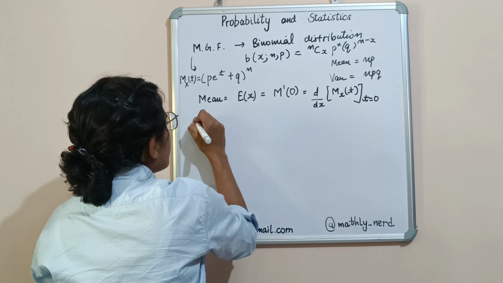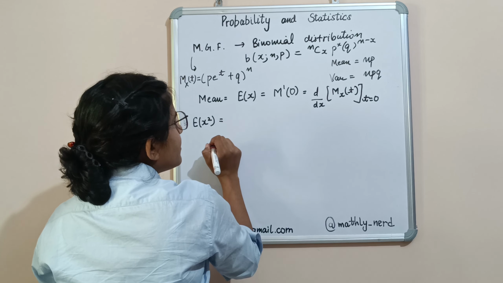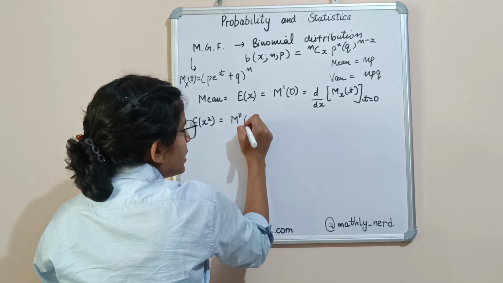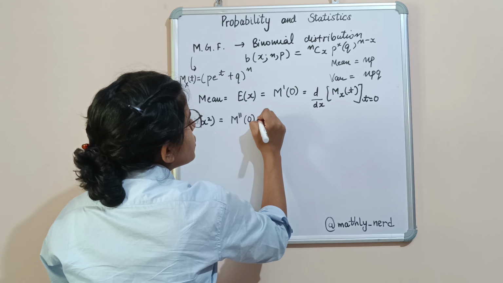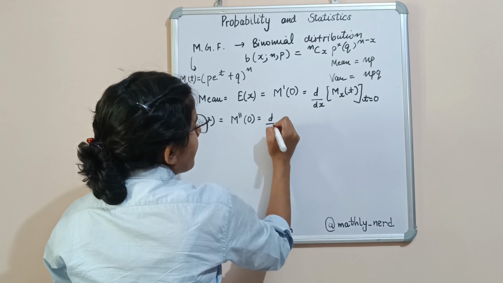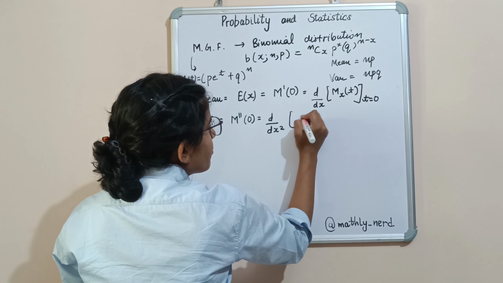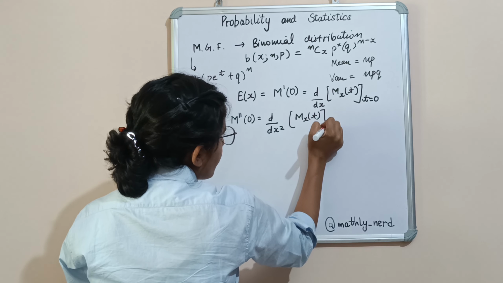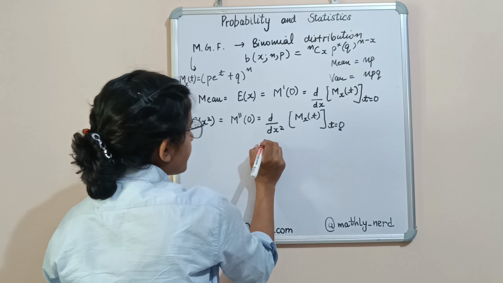Similarly, if we want to find E of X square, then this will be equal to the double derivative of the moment generating function at t equals to 0. So this will be equal to d square by dt square of the moment generating function, where the value of t is put as 0.